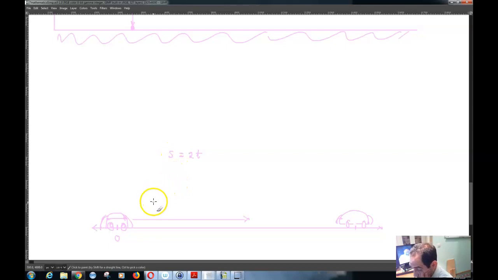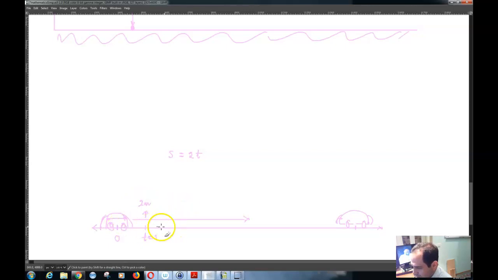For example, at t is equal to 1, the position of the car along the road is 2 meters. Over here this corresponds to 2 meters.